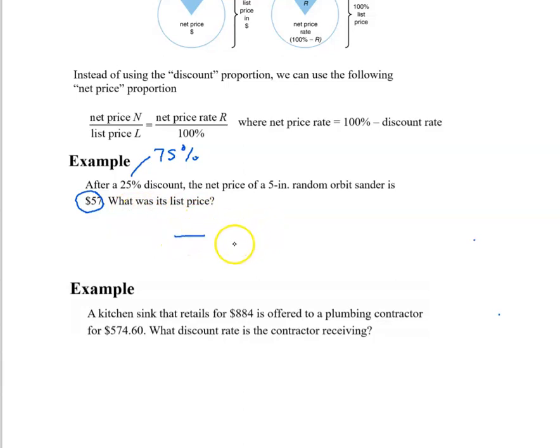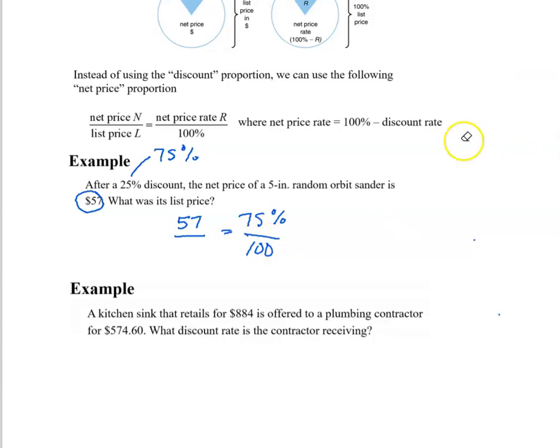So what we know is that the $57 actually represents 75% of the price. Because we got a 25% discount, we only had to pay 75%. So those two things would go together.